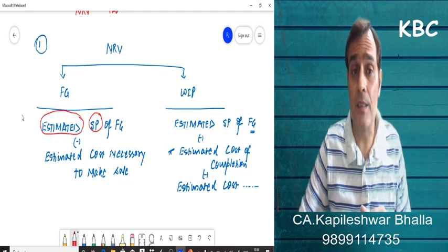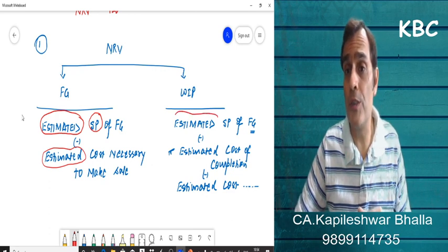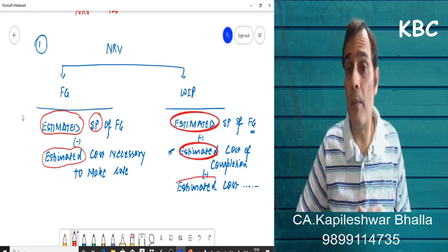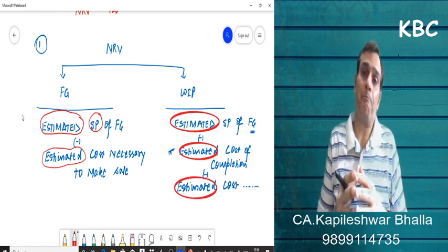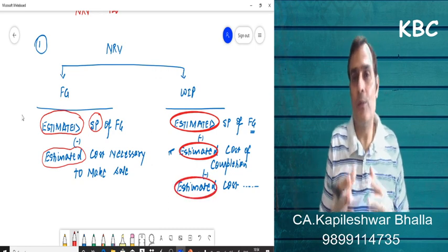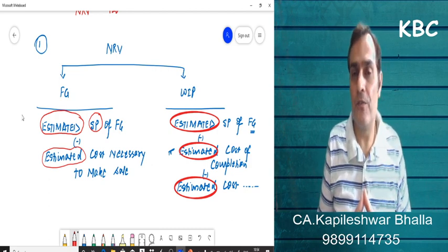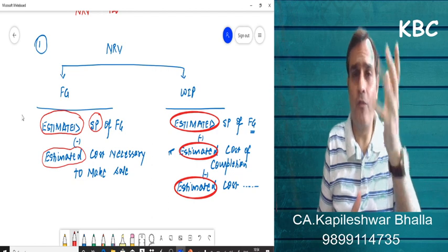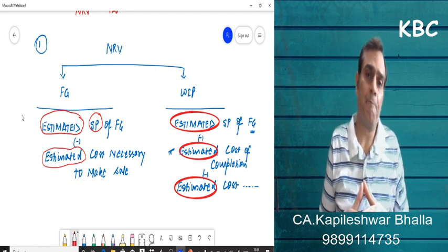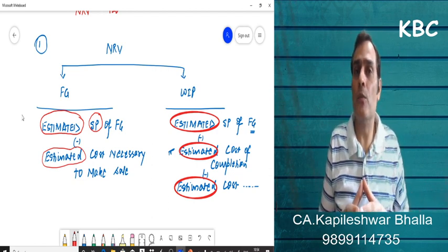Though the word estimated is there in all places, we're continuously using the word estimated at all these places. So my mind is now working on the deeper meaning in terms of estimated and in terms of selling price. Let's focus first on the word selling price, and then we'll focus on the word estimated.